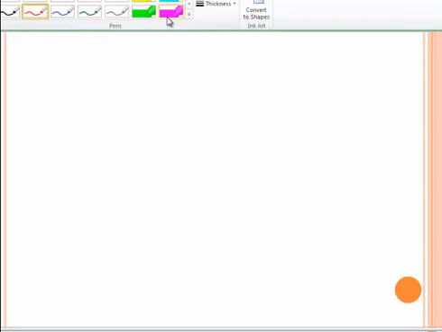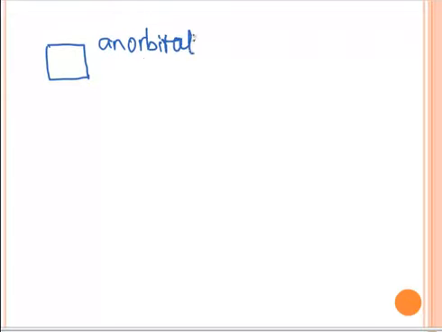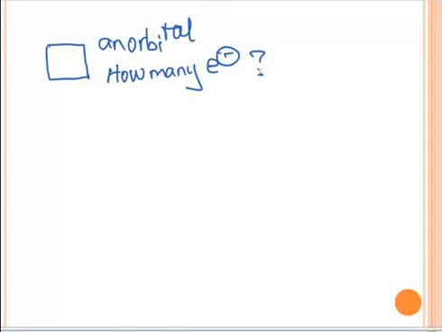Now today we're going to review that ultimately we want to put those electrons onto those orbitals. So the question is, for each of those boxes, this is an orbital, how many electrons can I put in it?